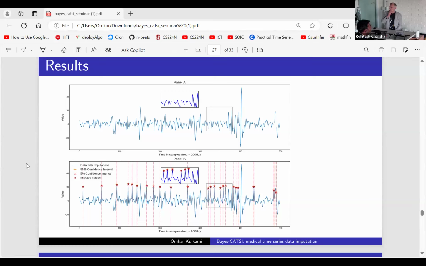For example, you might expect that the EEGs are a greater source of signal for imputing other EEGs as opposed to the other biometric time series. Does that make sense? Oh, so you mean how much weight is given to other features in imputing the model?